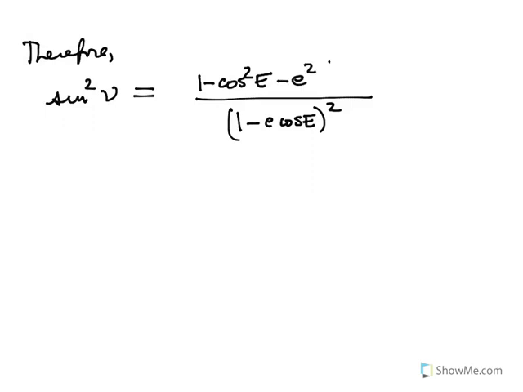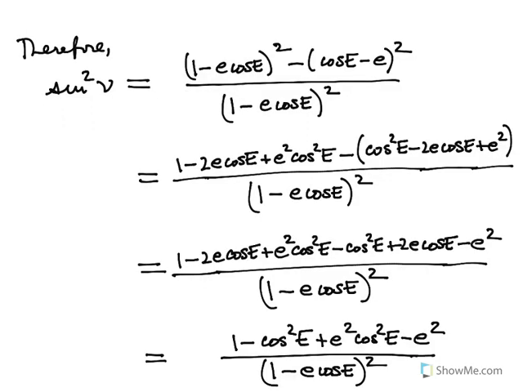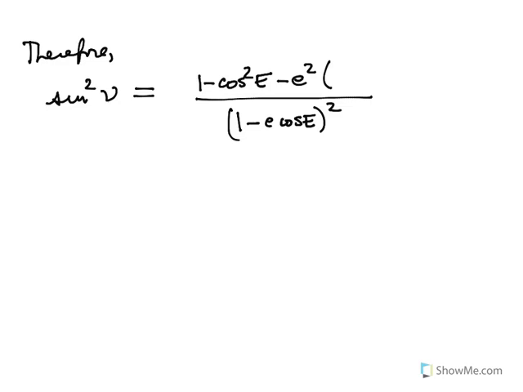So we've got minus e squared times, and if you look, what's left over is 1 minus cosine squared E. So that just becomes 1 minus cosine squared E.